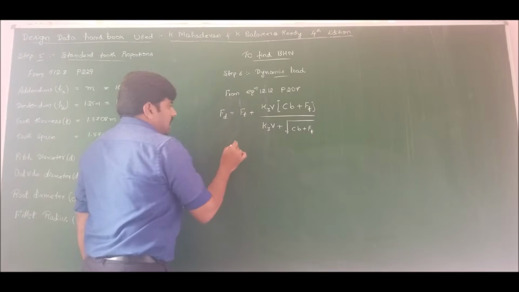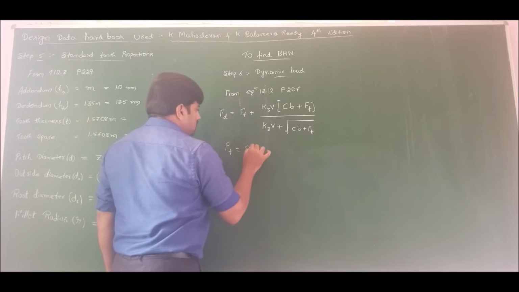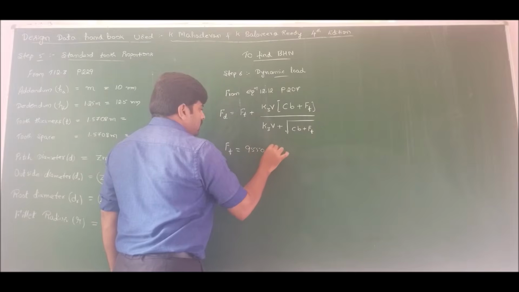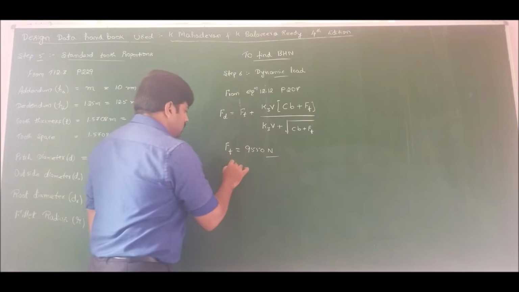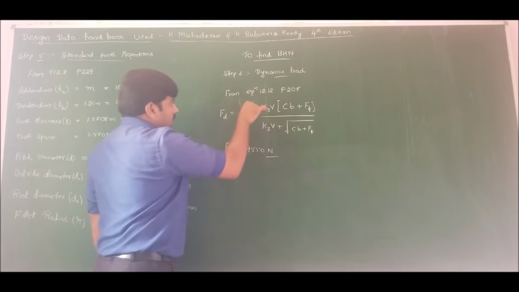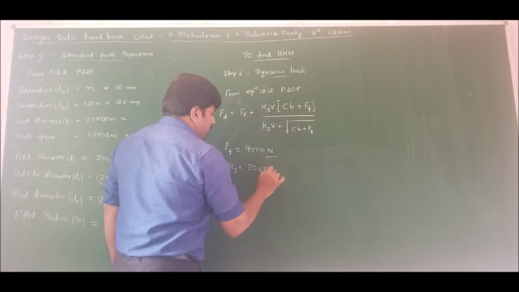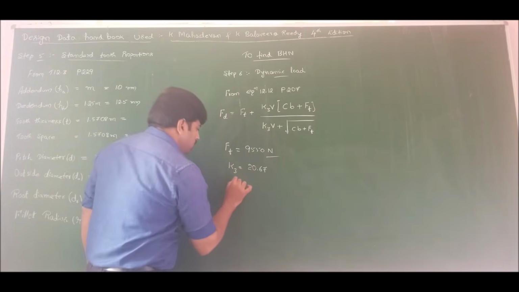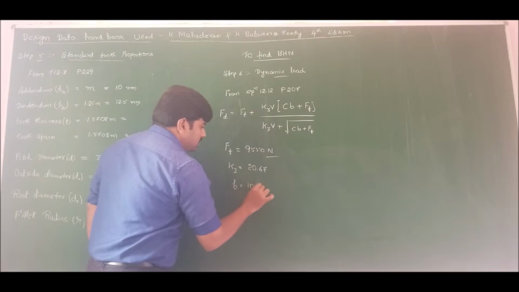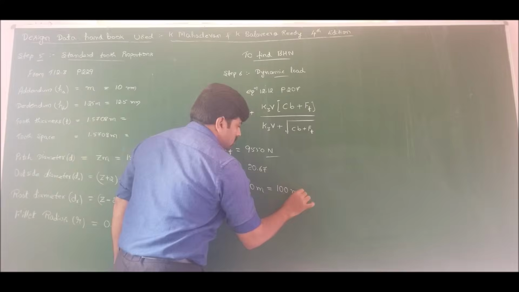So now the tangential load is already determined. So tangential load is 9550 newtons, which is already calculated for this problem. Coming to K3, it is given under this equation itself, it is 20.67 for SI units. Face width B is given by 10 times the module, so therefore I will get 100 millimeters.